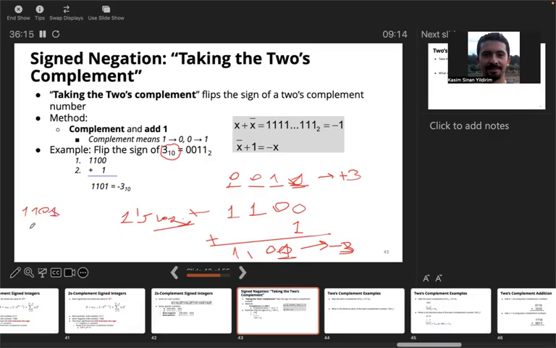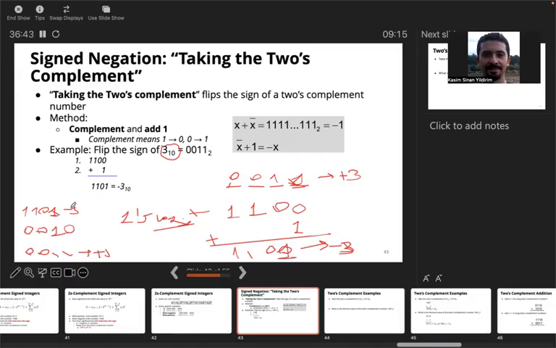Let's take its 2's complement. I flip the bits: 0, 0, 1, 0. And then I add 1: 0, 0, 1, 1. And now I obtained positive 3. In short, if you take the 2's complement of a number which is already in 2's complement form, you flip its sign.